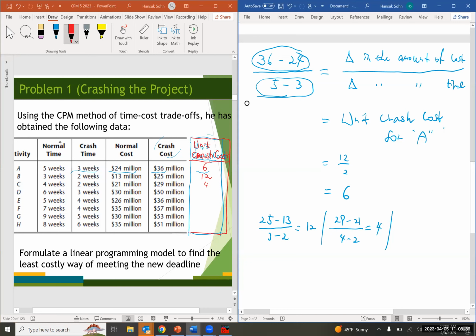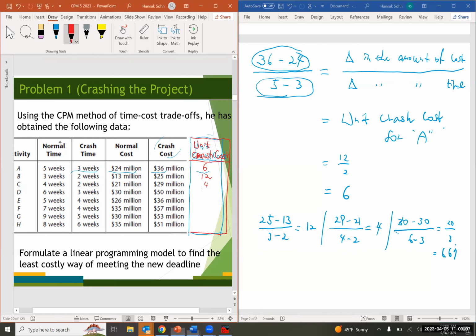And how about D? D is going to be 50 minus 30 over 6 minus 3. How much is that? 20 over 3, right? So that's like 6.67, right?